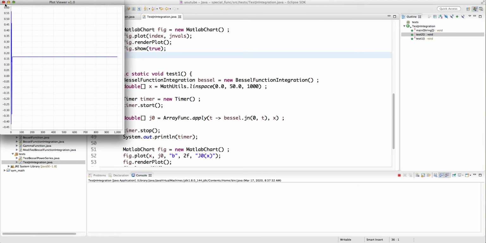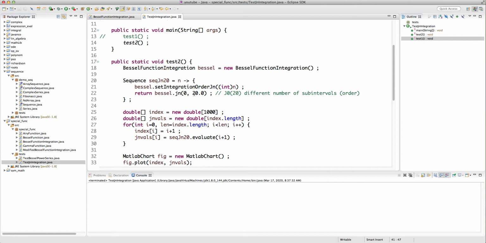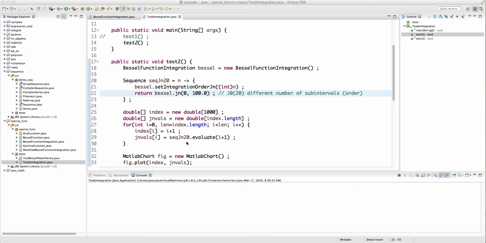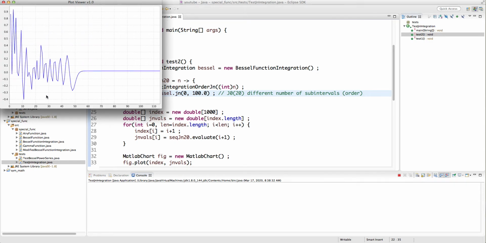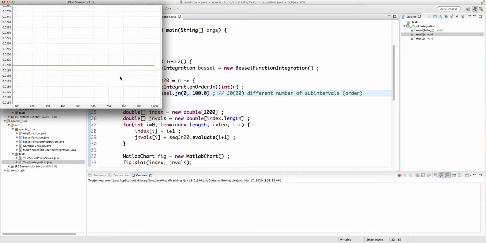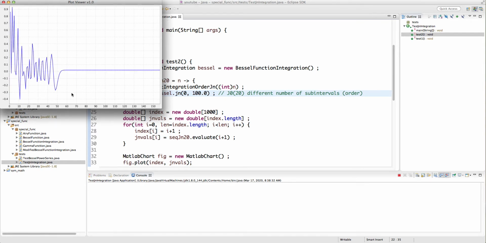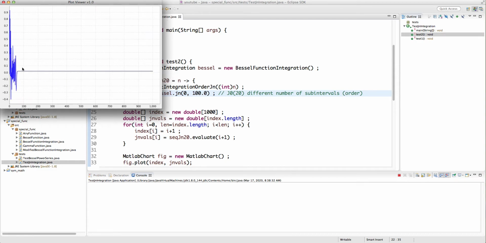But the problem is that, as you probably guessed, if we increase, let's go from 20 to 100, then the integral stabilizes at a later point, right? So we get a good convergence after, let's see, how many, 70 or 80 subintervals. And again, 300 still seems a little bit large.